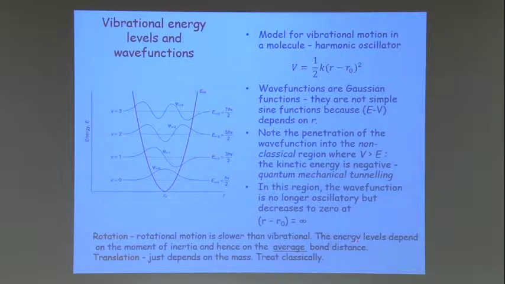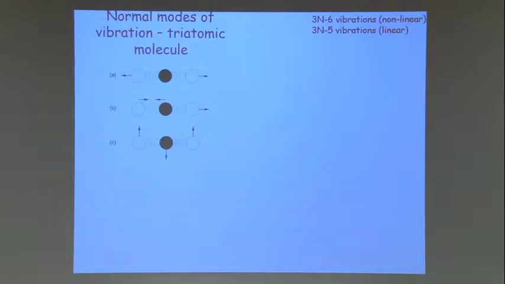Rotational motion is slower than vibrational motion and depends upon the moments of inertia, and hence on the average bond distance. And so the rotational energy levels are determined by the bond distances that you determine from your potential energy surface calculation.